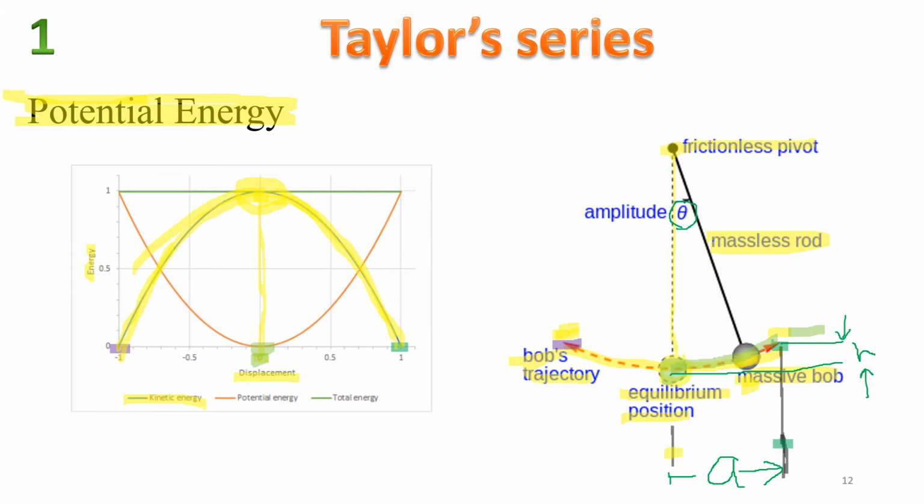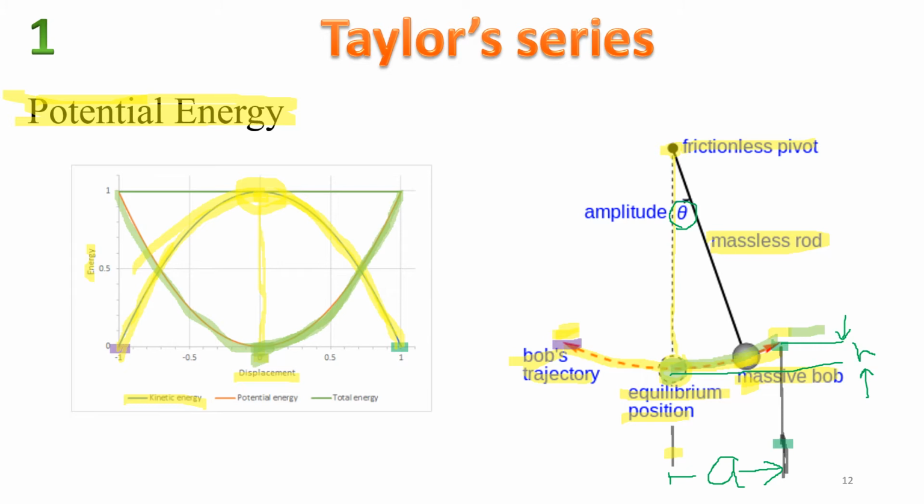So as the bob travels to the extreme right, potential energy goes on increasing. When the bob returns back, the potential energy again goes on decreasing, reaches a minimum, and when the bob travels to the left extreme, the potential energy once again increases to the maximum value.